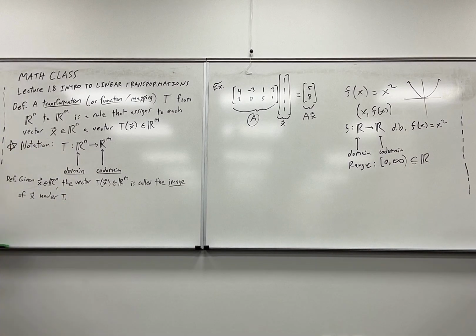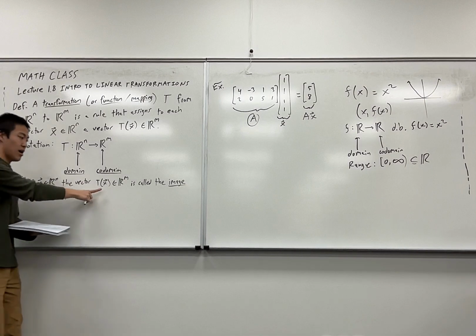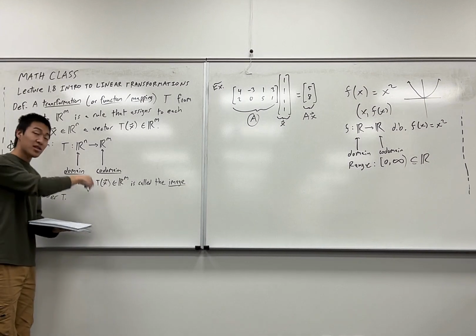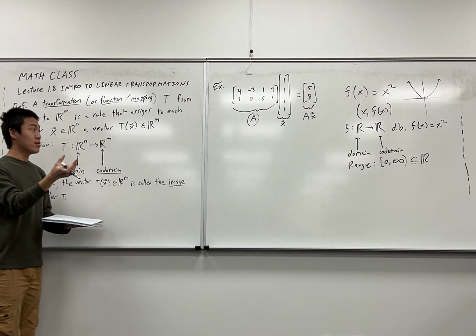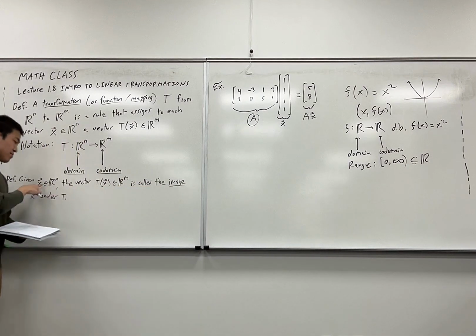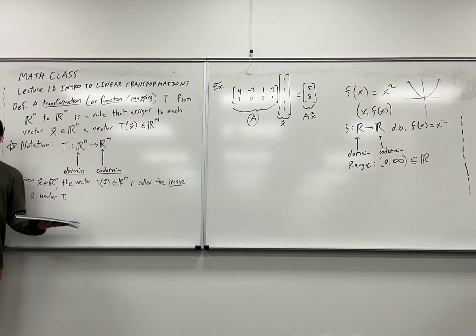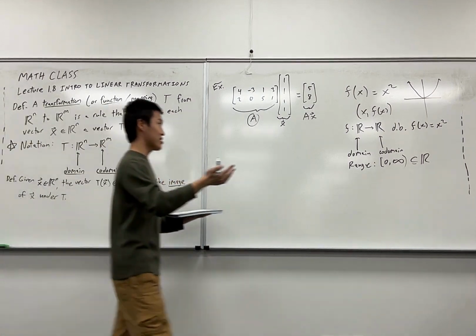Okay, what does this mean? That means if I took some sort of vector, I slam it through our transformation, and I spit out some output, okay? I say that that corresponding output is the image of its input under that rule of whatever the transformation is, okay? So now let's look over here.